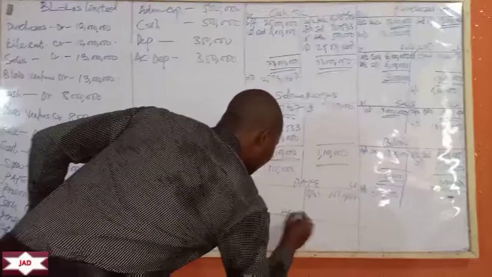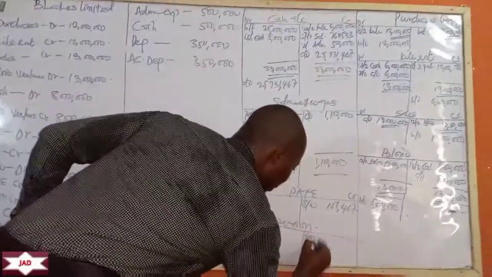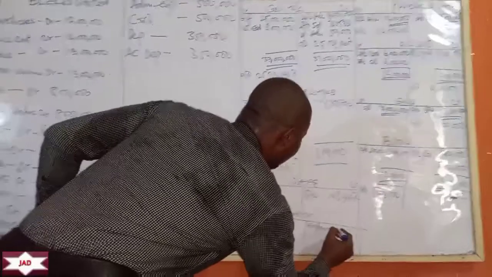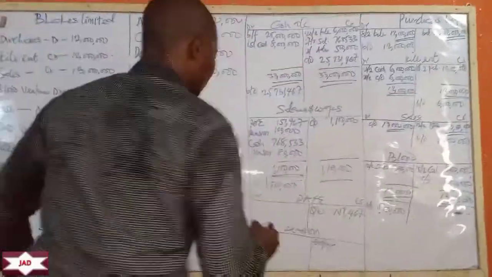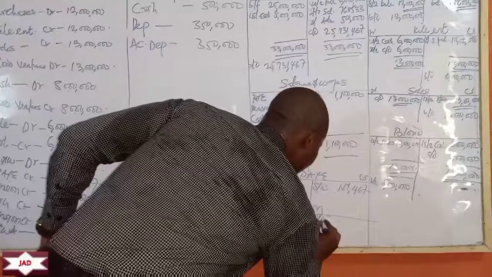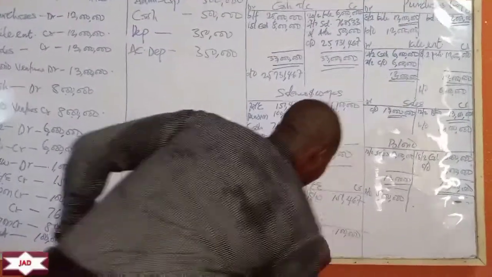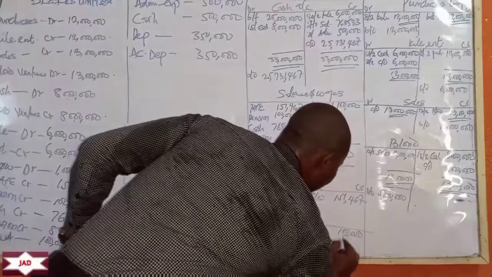So we have pension. Employer. How much is that? Or let's say salaries and wages, okay? How much? 100,000. Another one is here, salaries and wages, 80,000.